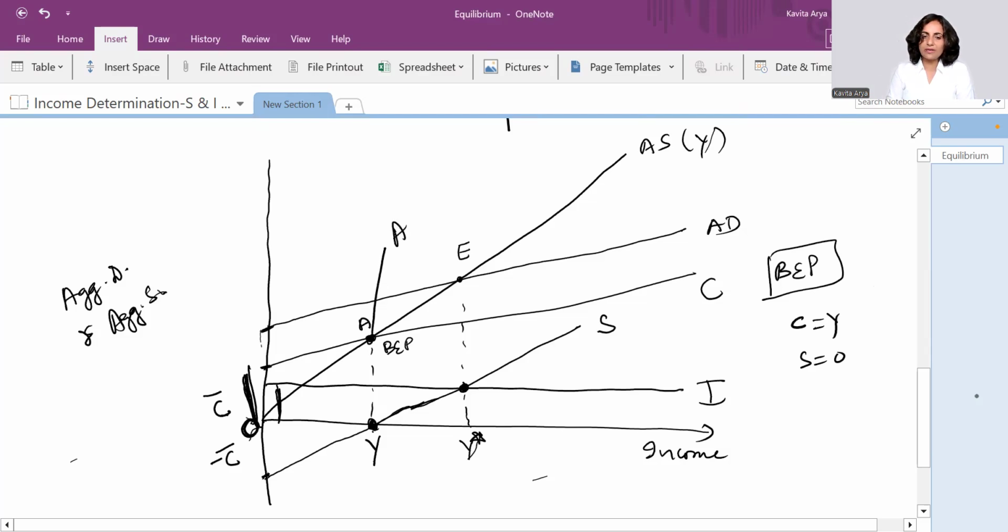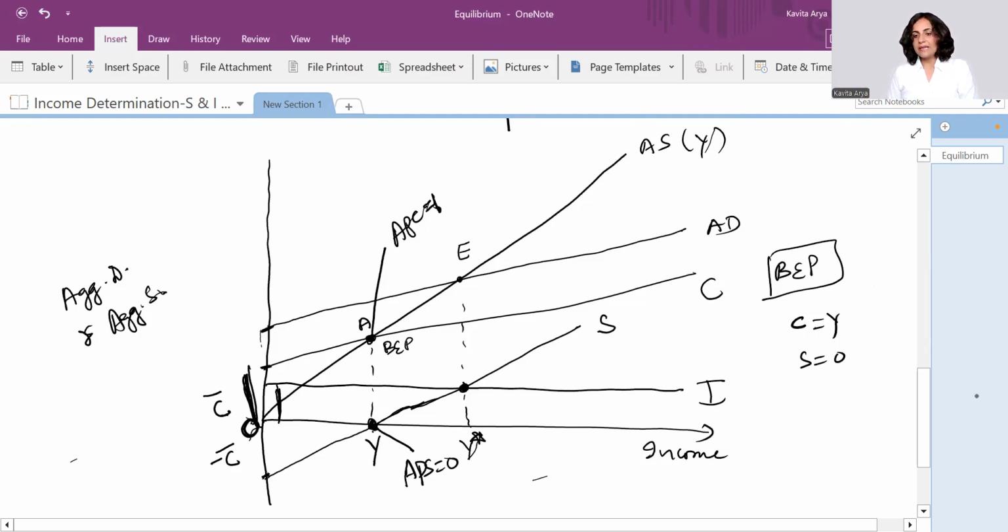So this is the point where APC is equal to 1. Why? Because APC means C by Y. Here consumption and income are equal, so APC becomes equal to 1. Or alternatively, they may say, show the point where APS is equal to 0. Because S is equal to 0, hence APS becomes 0 at this very point. So this is talking about all perspectives of BEP.